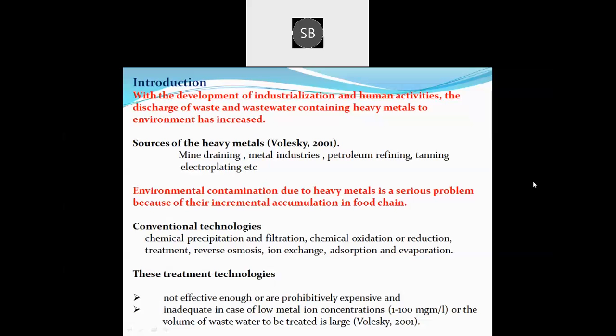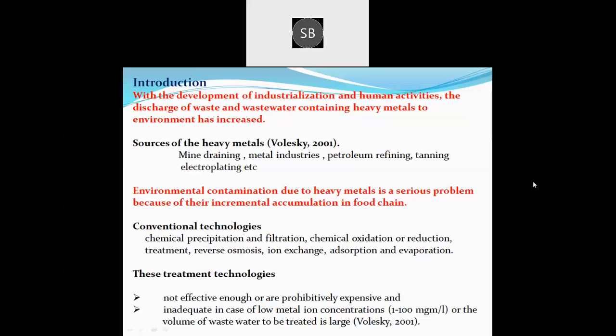They were not found to be effective or were prohibitively expensive, and also inadequate in case of low metal ion concentration. It means even when the heavy metal concentration is low, these technologies are not able to remove it.